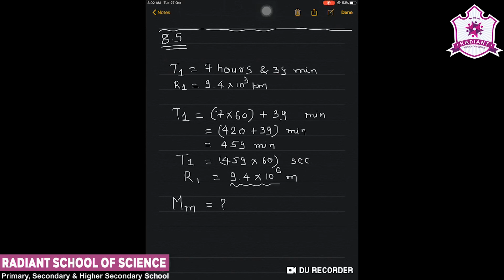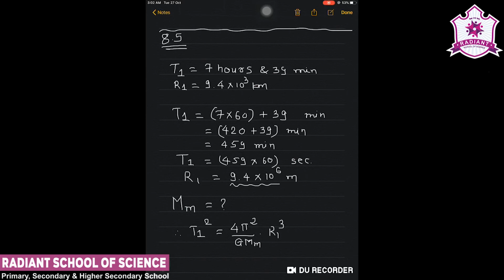We can say that T1 square is equal to, from the earlier equation of the periodic time, 4 pi square over G into M, where M is the mass of Mars, into r1 cube.